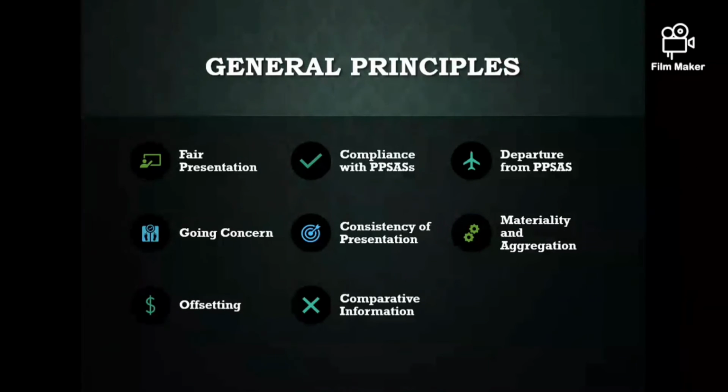Next, another example sa offsetting na not allowed. Kunyari, isang government agency, meron siyang kakontratang third party. Si government agency nagsusupply ng services kay third party. So, ibig sabihin possible meron kang receivable kay third party kasi nagsusupply ka ng services.